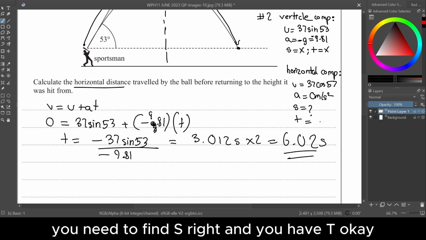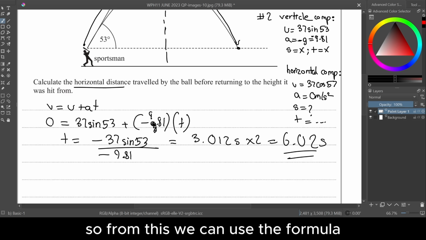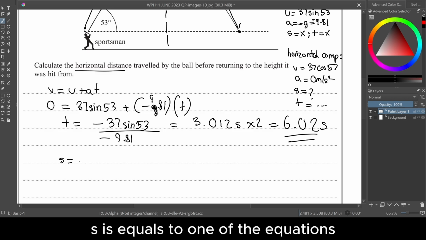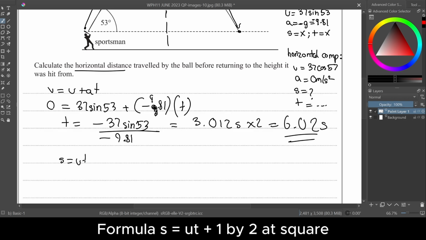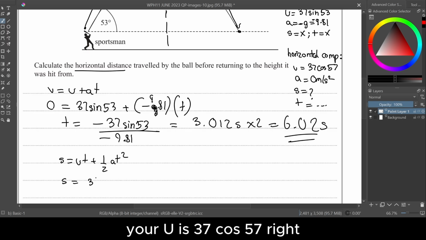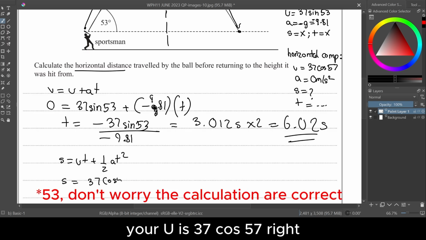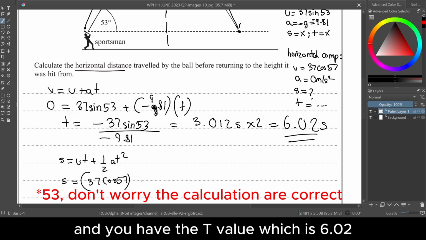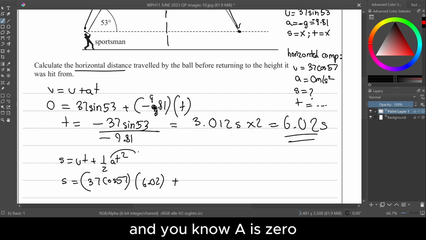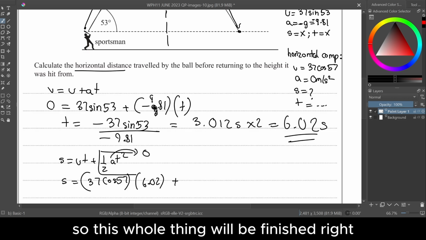And you have t. Okay, so from this, we can use one of the equations of motion, S is equal to ut plus 1 by 2 at squared. So you need to find S, your u is 37 cos 53, and you have the t value, which is 6.02, and you know a is 0, so this whole thing will be finished.